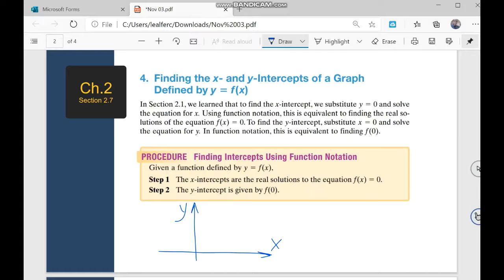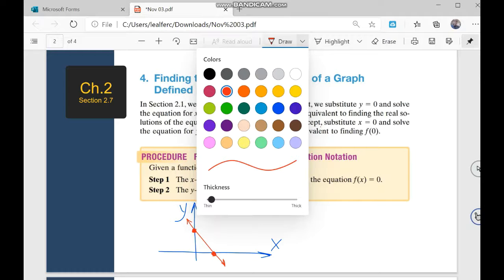And if you have a graph, let's say this line here is a linear equation, this is the y-intercept, where the graph intercepts the y-axis, and that is the x-intercept, where the graph intercepts the x-axis. This is how it works for equations, but it's going to be kind of similar for functions.